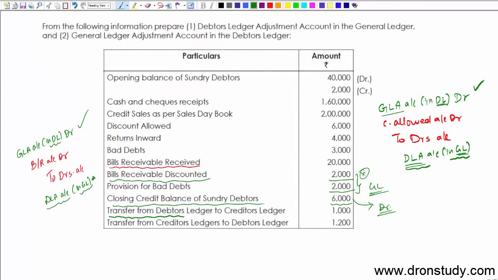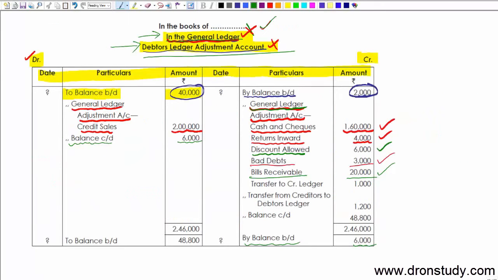Then we have transfer from debtors ledger to creditors ledger. That is, the debtor value is going to come down and the creditor value will go up. So this should appear on the credit side of the debtors ledger, right? The entry is going to be on the credit side, by transfer to creditors ledger 1,000.